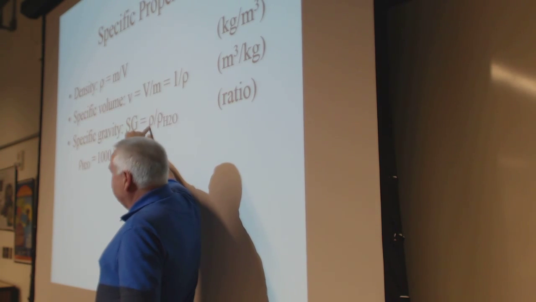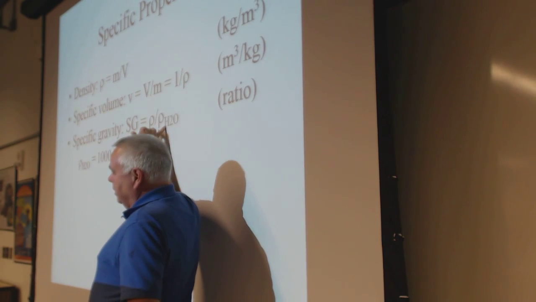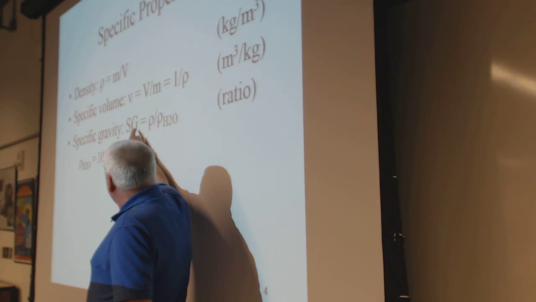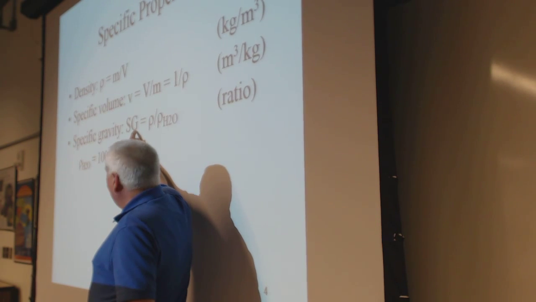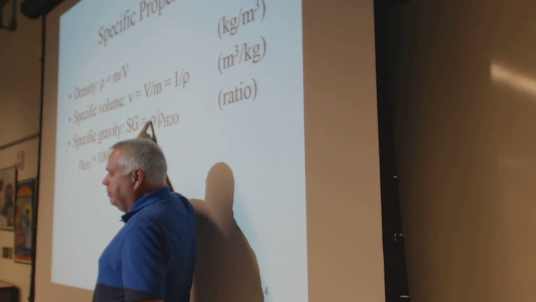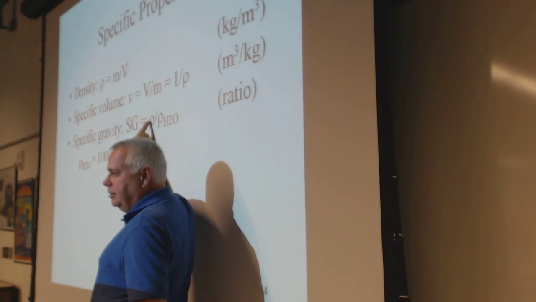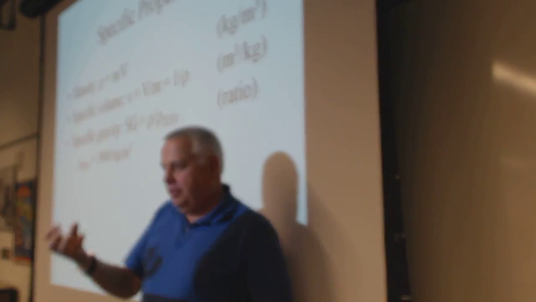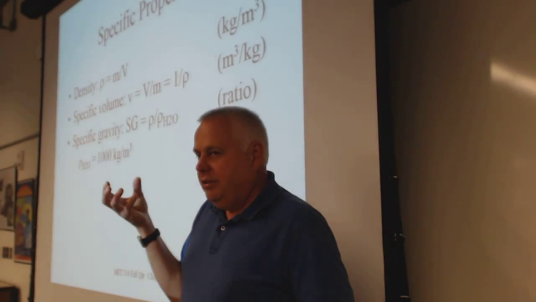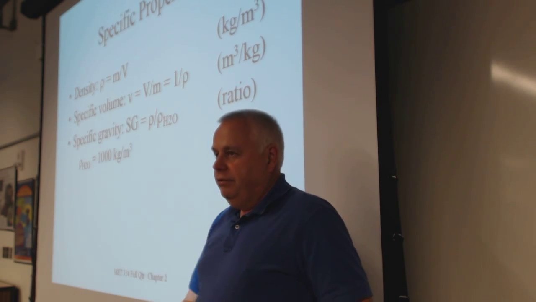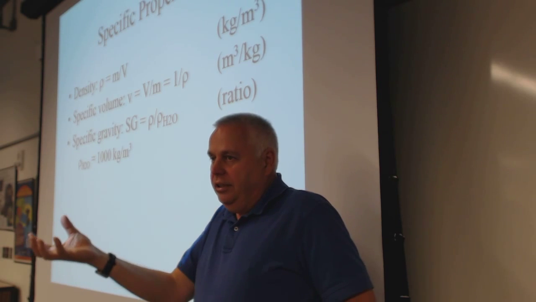Specific gravity is the density of the fluid you have relative to the density of water. If specific gravity is 1.1, that means this is heavier than that by 10%. It's going to sink, whatever it is. You can also talk about this in terms of solids to tell, is it going to sink or is it going to float? If the specific gravity is more than 1, it's heavier, it will sink. If it's less than 1, it's lighter, it will float.